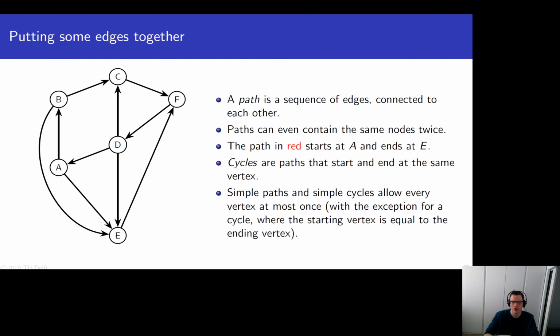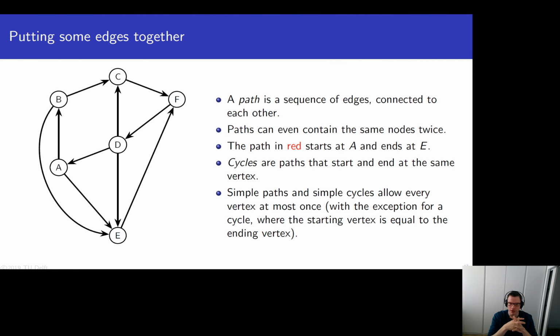So simple paths and simple cycles allow every vertex at most once, with the exception that for a cycle, the start vertex is also equal to the end vertex, because we still need to have the cycle. So there's one vertex that we have twice, but all others we cannot visit more than once.